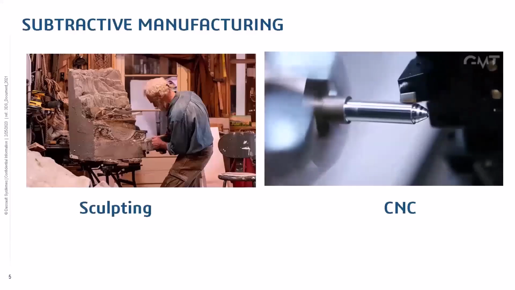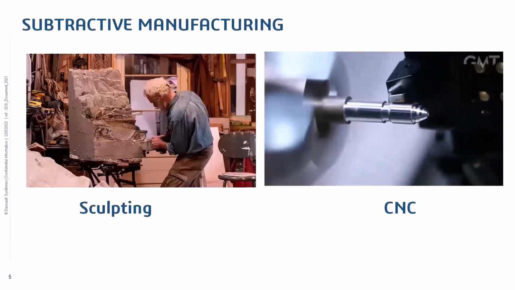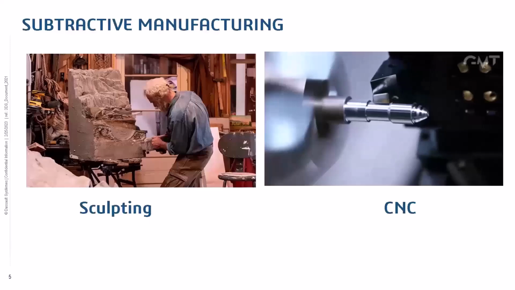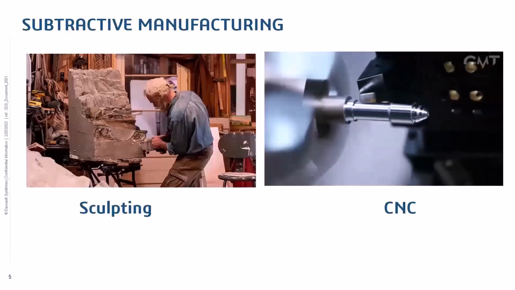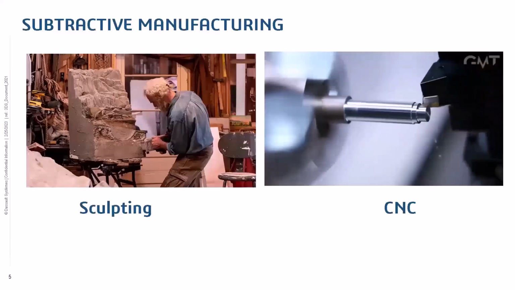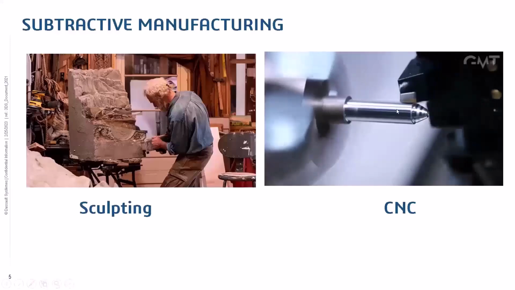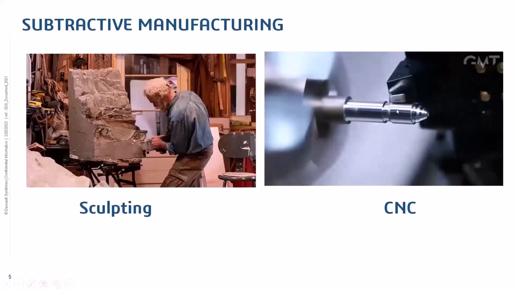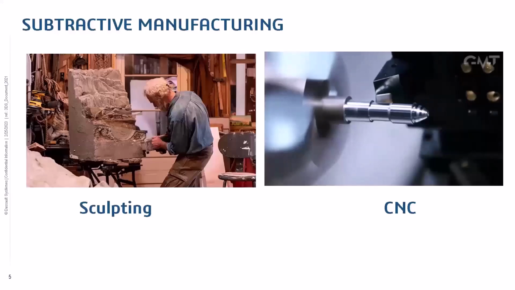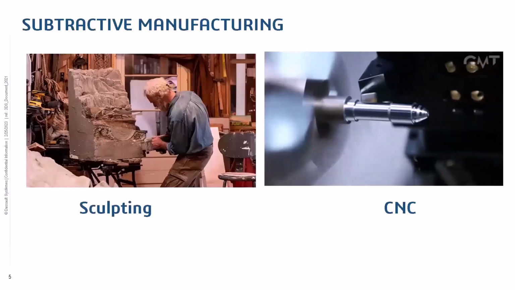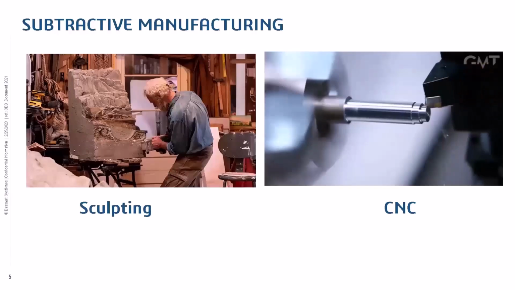It used to be a big piece of rock, and then the sculptor used to chisel out the material from that rock, and that is nothing but subtractive manufacturing. In industry, we have a process called CNC milling. In CNC, as you can see in the image, we have a rod, and then the material is cut out from that rod to the desired dimension. So that is what subtractive manufacturing is, that is, removing the material.